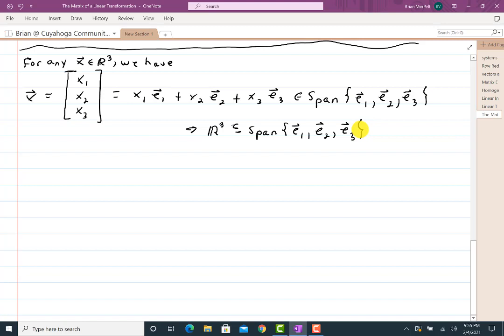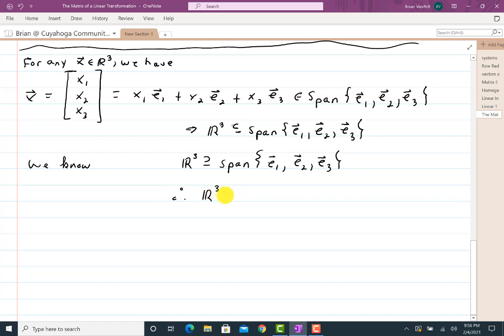On the other hand, R3 does contain that span, because it contains all of those vectors and certainly contains any linear combination of those vectors.